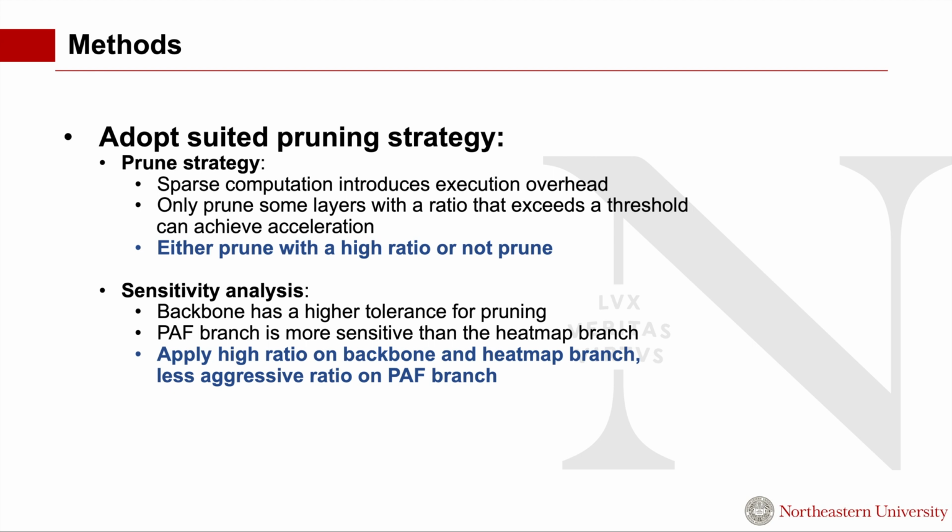As for the sensitivity analysis of the model, we find the backbone has a higher tolerance for pruning, and in the refinement block, the PF branch is more sensitive than the heatmap branch. So we apply a high ratio on the backbone and heatmap branch, but a less aggressive ratio on the PF branch.